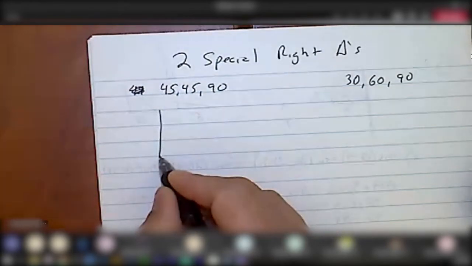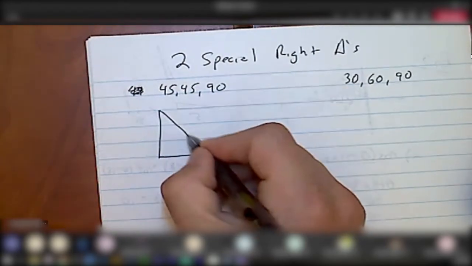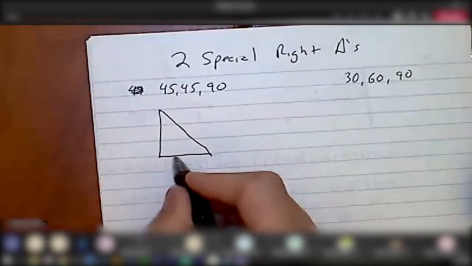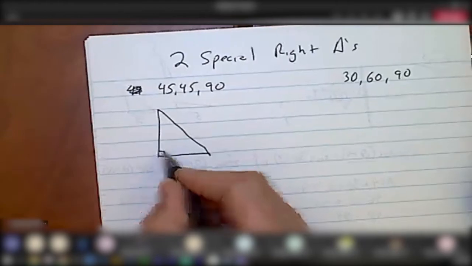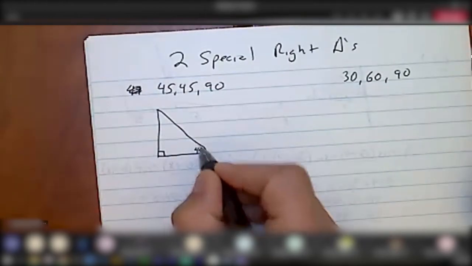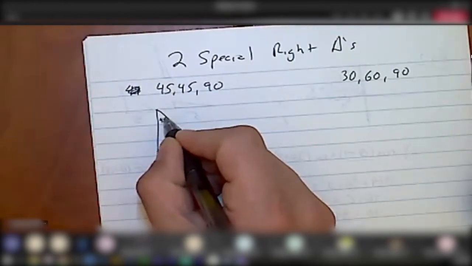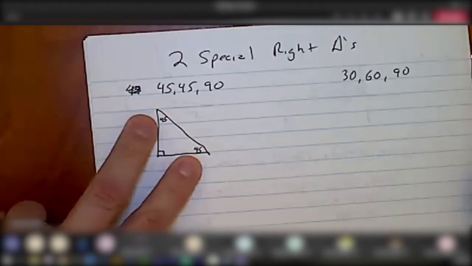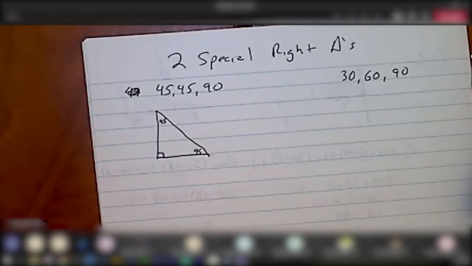Draw a picture to go with them. These numbers are obviously corresponding to their angles. So you've got a right triangle where the two angles are 45 and 45. These two angles are the same, so this is actually an isosceles right triangle.